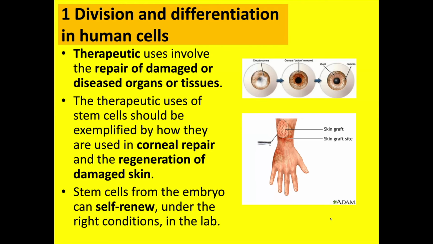So, for example, if you have burnt your skin with fire or acid or something similar, normally that would form scar tissue. But if you put a skin graft on it, which has been grown from stem cells, then that will help to repair that damaged tissue. And there's a lot of exciting things potentially coming up in terms of the therapeutic uses for stem cells. I'm a type 1 diabetic myself, and I know that they're doing a lot of research into potentially using stem cells to regrow the islet cells in the pancreas that secrete insulin.